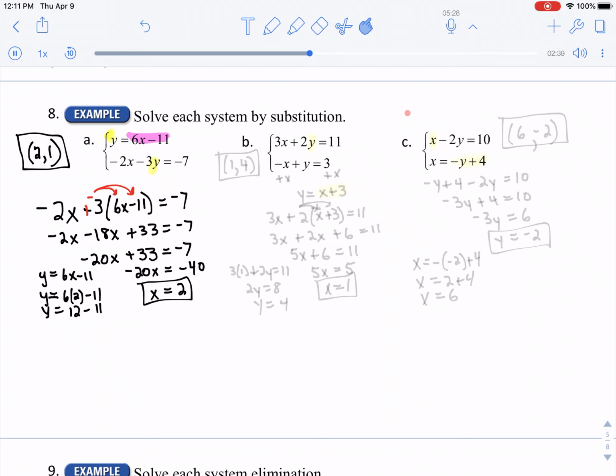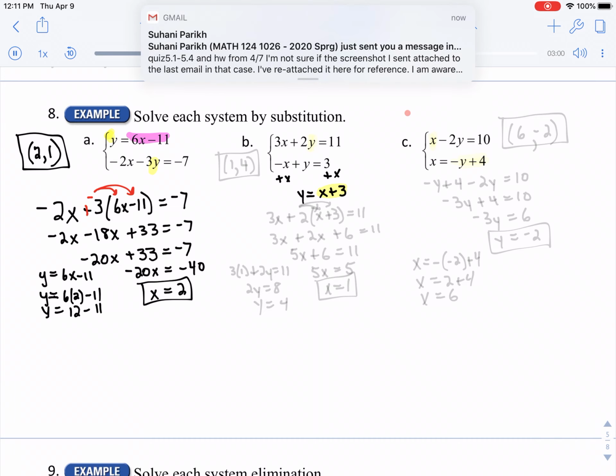Let's go to B. In B, we don't have one of the equations with a variable by itself, but in that second equation, I can add x to both sides, and I get y equals x plus 3. Now I'm going to take that x plus 3 and substitute it where this y is.